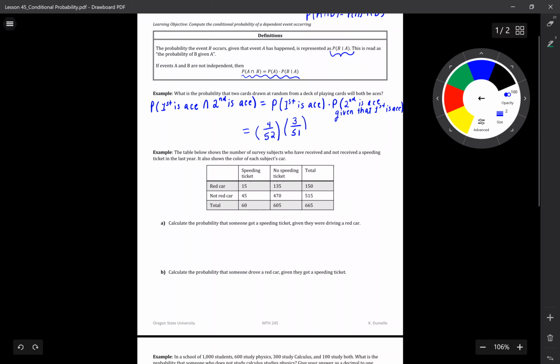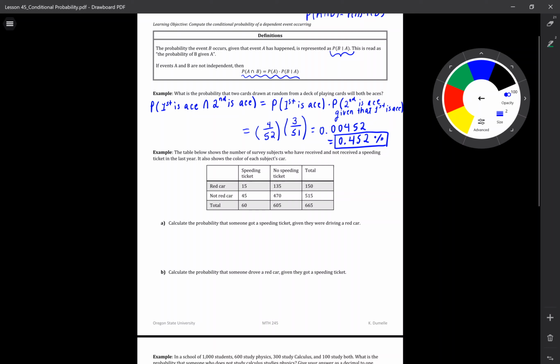So 3 aces out of 51 cards is the probability that the second card is an ace, given that the first card is an ace. If I multiply these two together, I get 0.00452, which is 0.452%. So pretty unlikely that you will draw 2 aces, but it is possible.